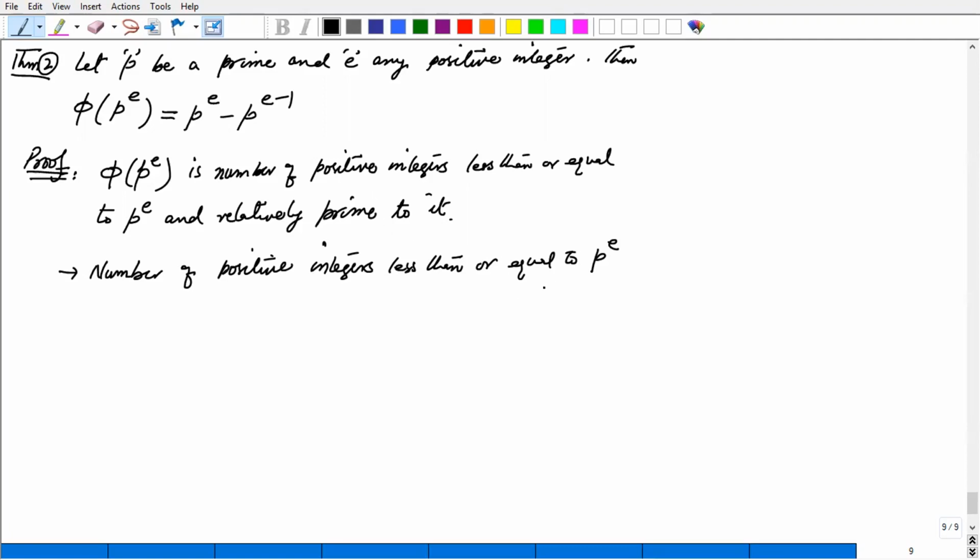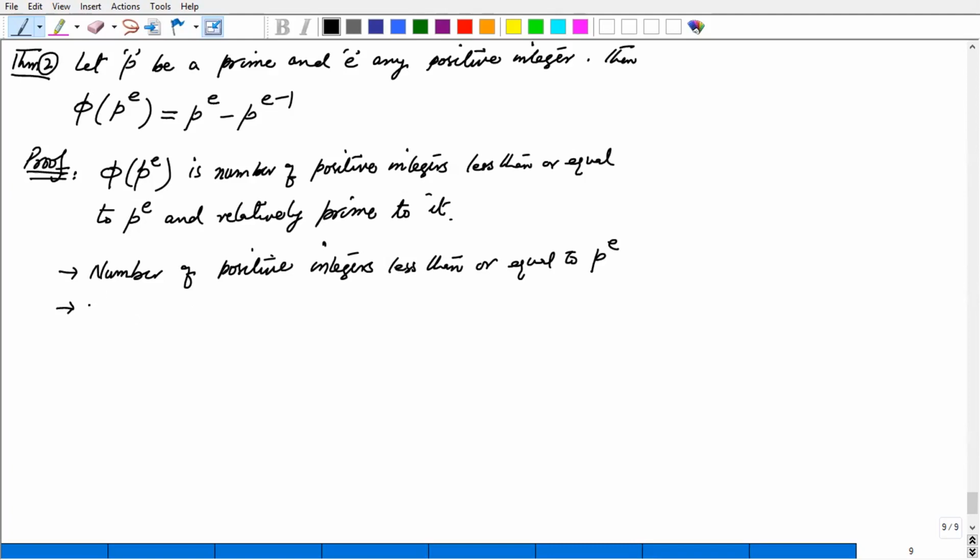So we have to exclude those which are not relatively prime to P to the power E. There are two types of positive integers less than or equal to P to the power E. One of them are relatively prime to P to the power E, and the other type are those which are not relatively prime to P to the power E.